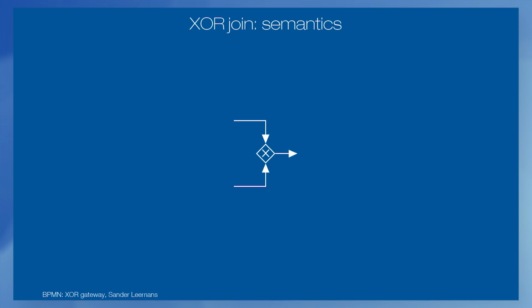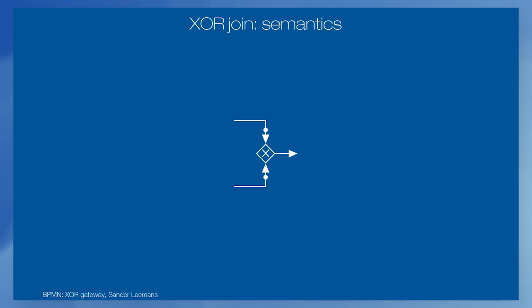Let's look at the join. What happens for the join? If we get a token on the top incoming sequence flow, this token will simply be forwarded to the outgoing sequence flow. If we get a token on the bottom, then again, this token will be simply forwarded to the outgoing sequence flow of the XOR join gateway.